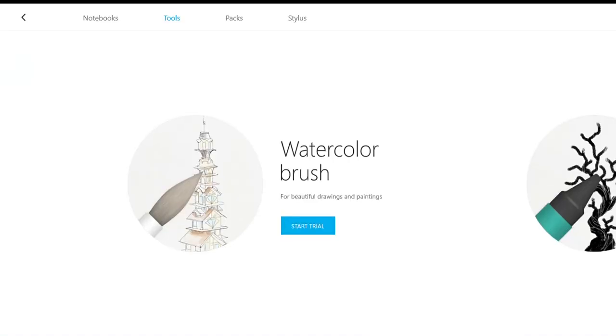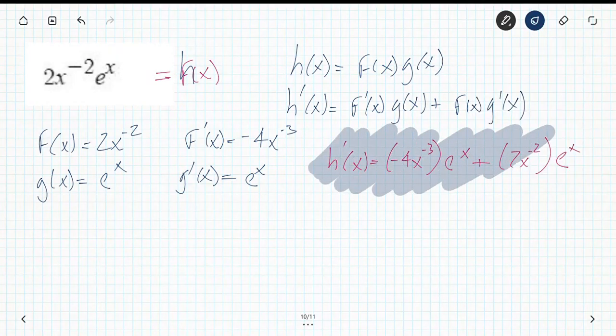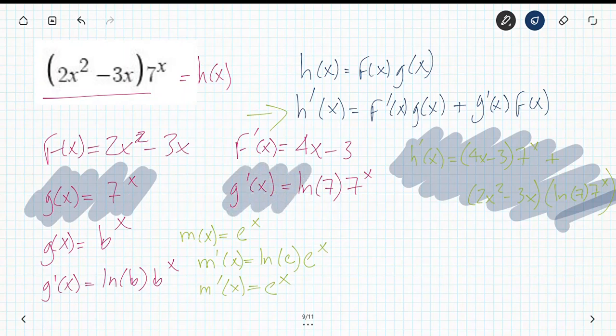Oops, let me go back. That's what I get. Okay, so this is going to be the answer. Okay, we're basically just following the product rule. This is, however, the more interesting example. If you are taking the derivative of a function of this sort, right, then you get this.